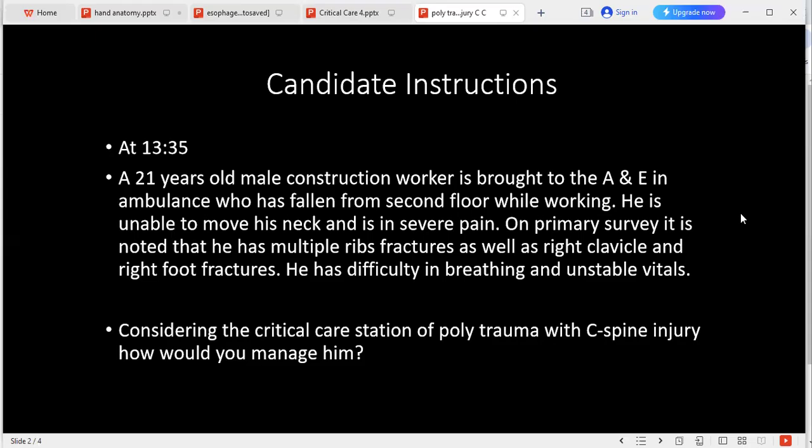And if there is fluid present, I will use suction. And if any foreign bodies or broken tooth are present, I will remove them with forceps.